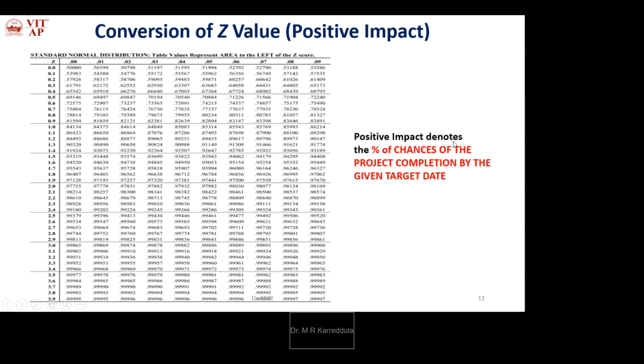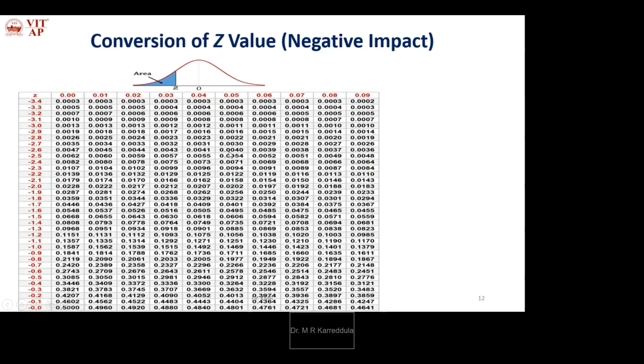Positive impact indicates the percentage of chances of project completion by the given target date, how many chances there are to finish the project or task by that date. Negative impact indicates the percentage of chances of the occurrence of risk in project development. Like this, you can understand positive and negative impacts.